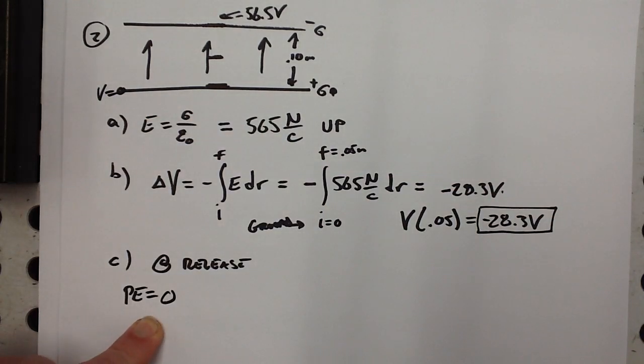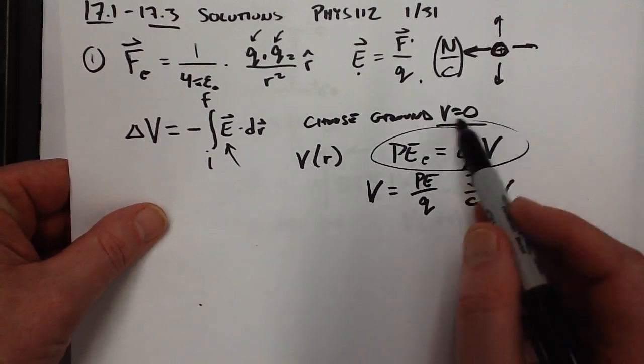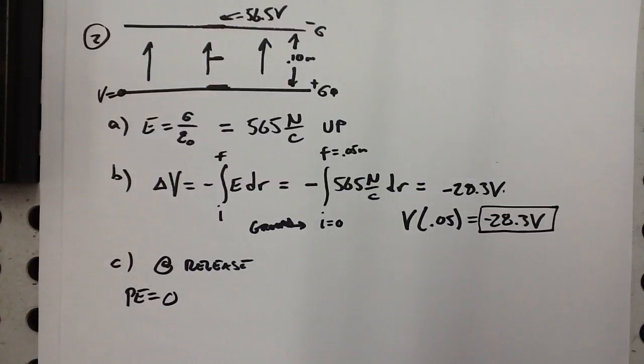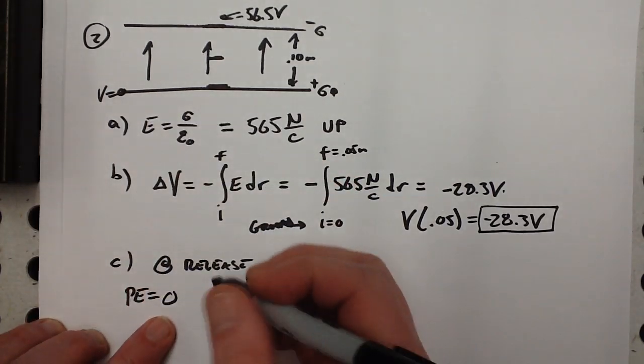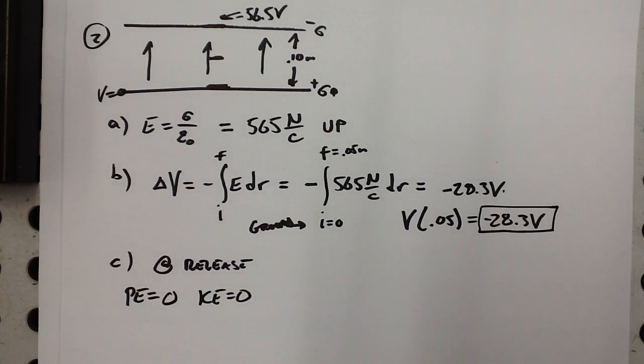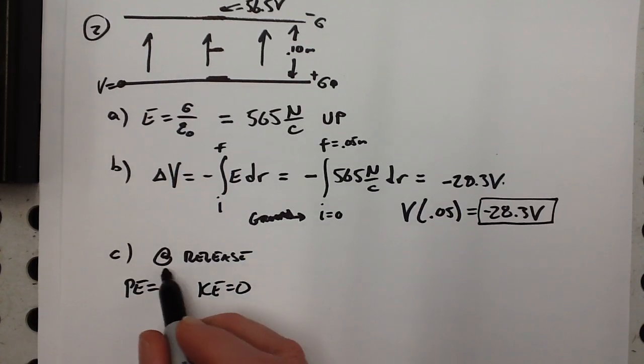If V is equal to 0, well then so is potential energy, and vice versa. So we've got 0 electric potential energy at that plate, and we're releasing it from rest, so it also has 0 kinetic energy.